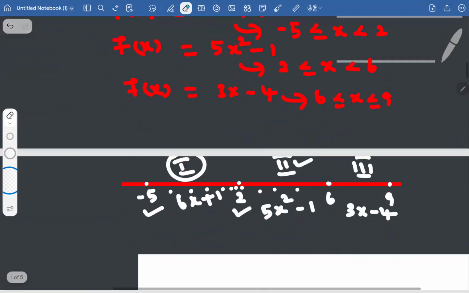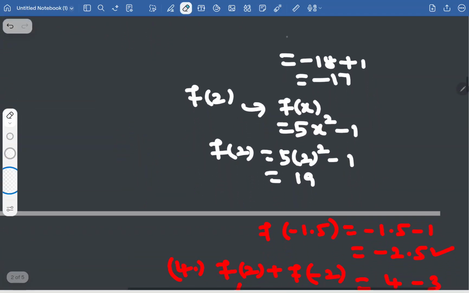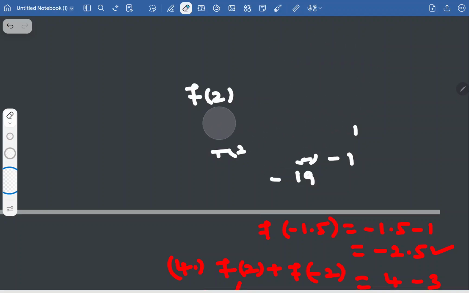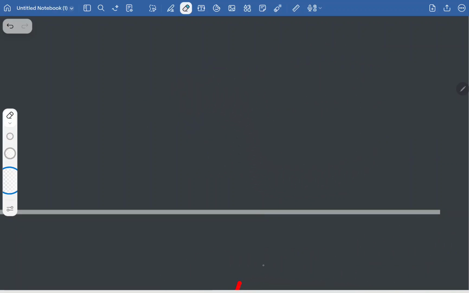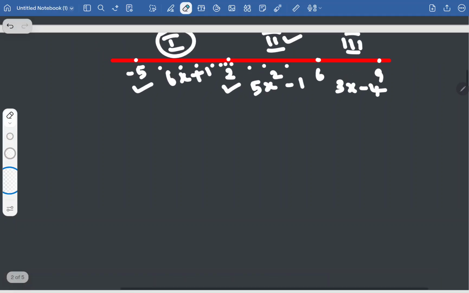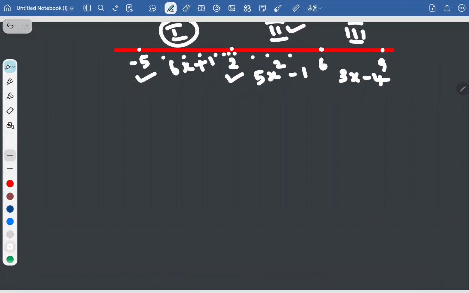f of 7 minus f of 1. Second subdivision, f of 7 minus f of 1.